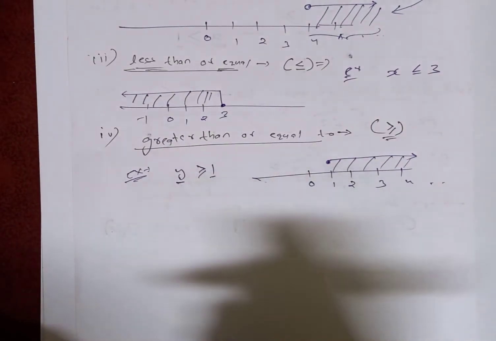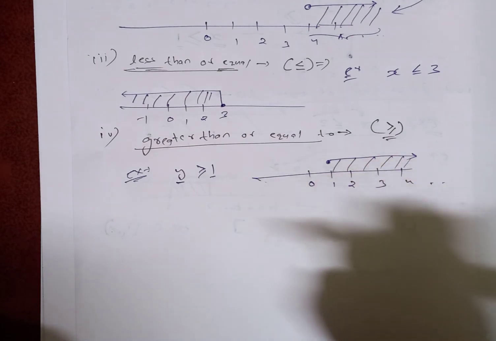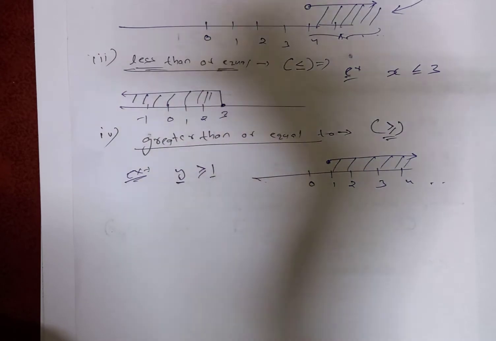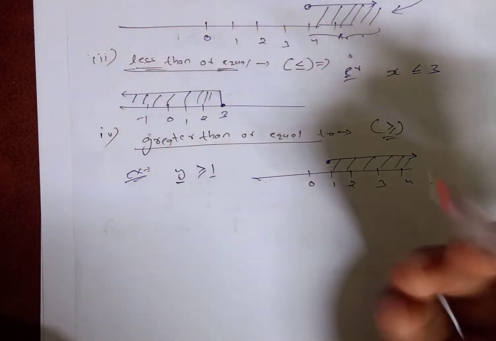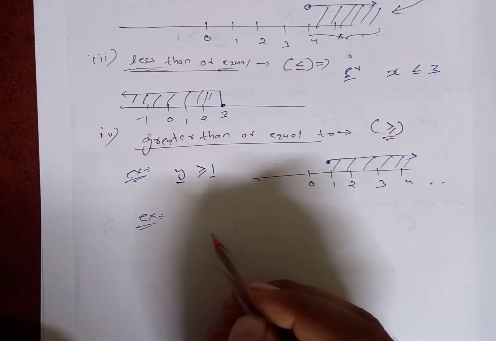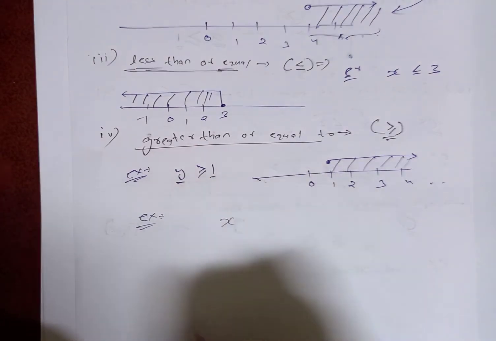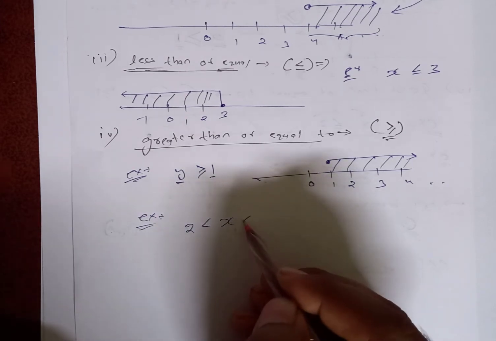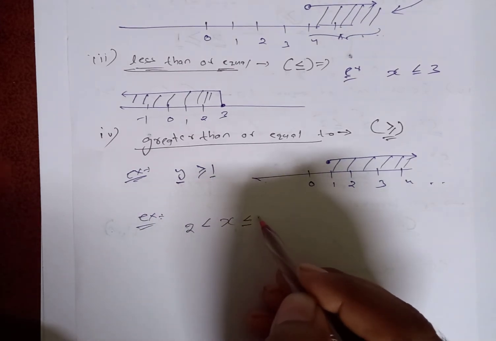Next, to explain the types of brackets that are used in mathematics, let me give you an example of why brackets are used. For example, let us take an inequality where a variable x is always greater than 2 but less than or equal to 3.